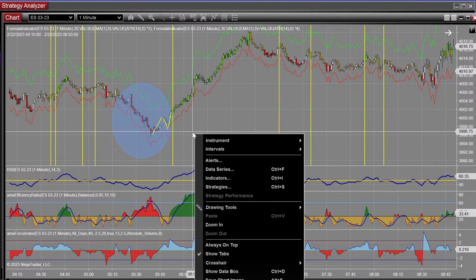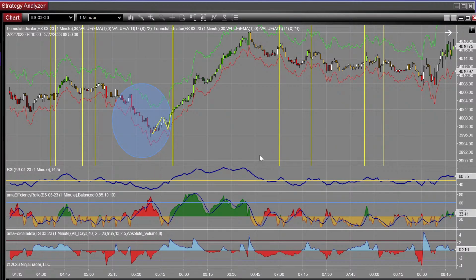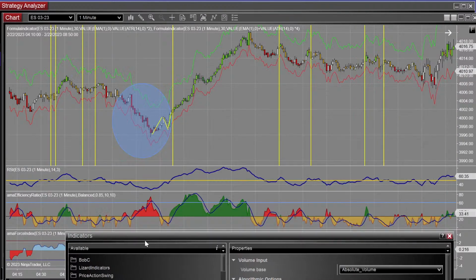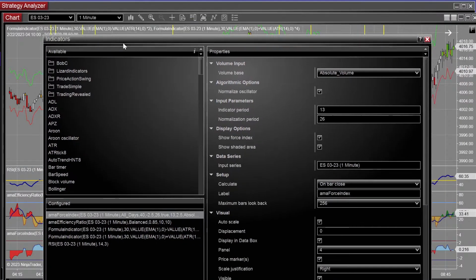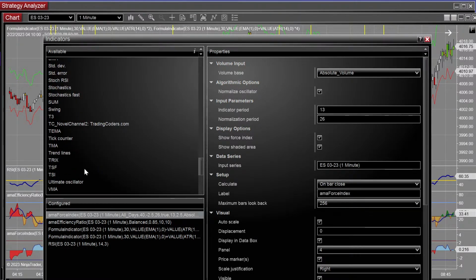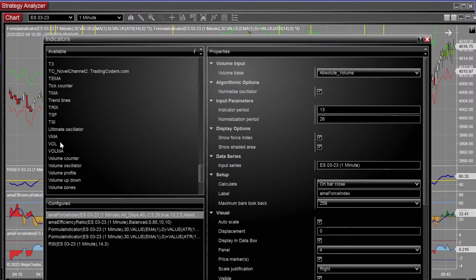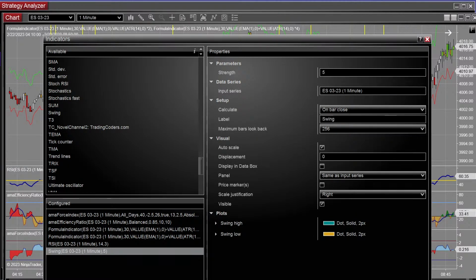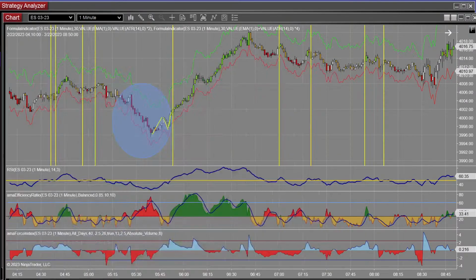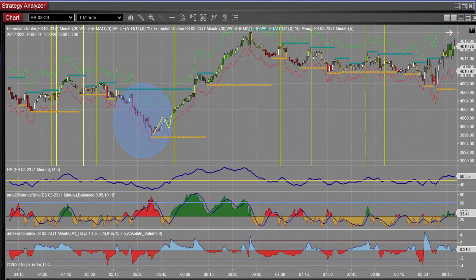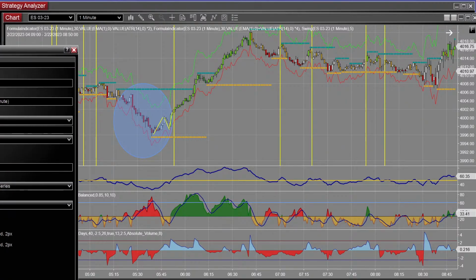We can pull up some swings real quick. Not really sensitive enough.